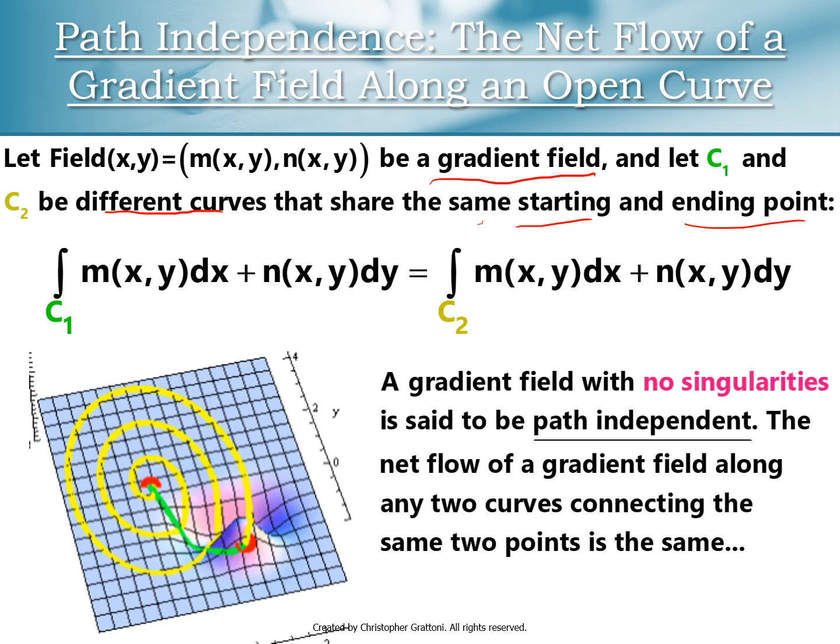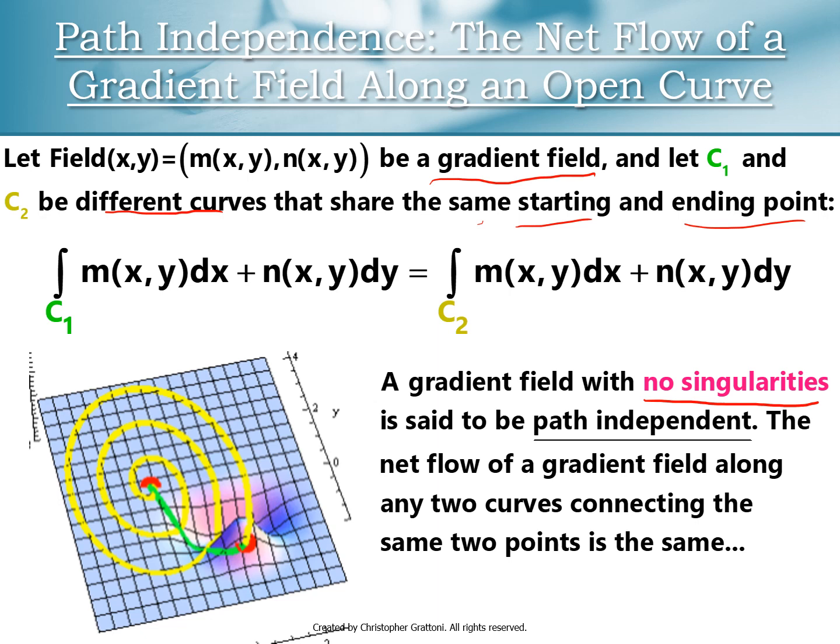And so a gradient field with no singularities is said to be path independent. The net flow of a gradient field along any two curves connecting the same 2 points is the same. And you'll see this talked about in a physics class in relation to work. I've seen examples like this where you're carrying a box from the first floor up to the 5th floor of a building.